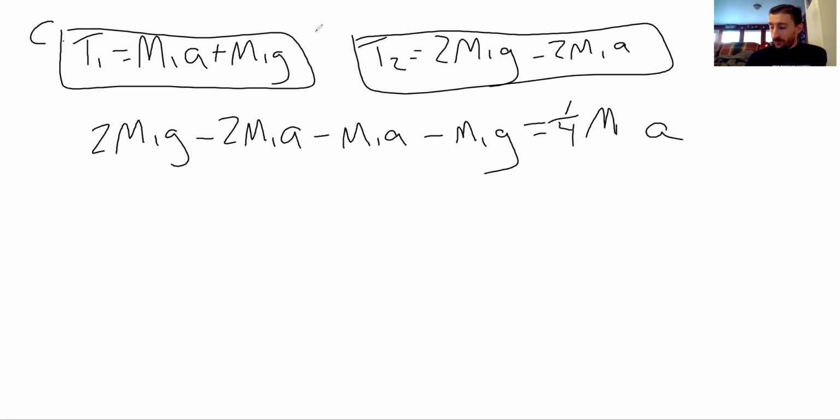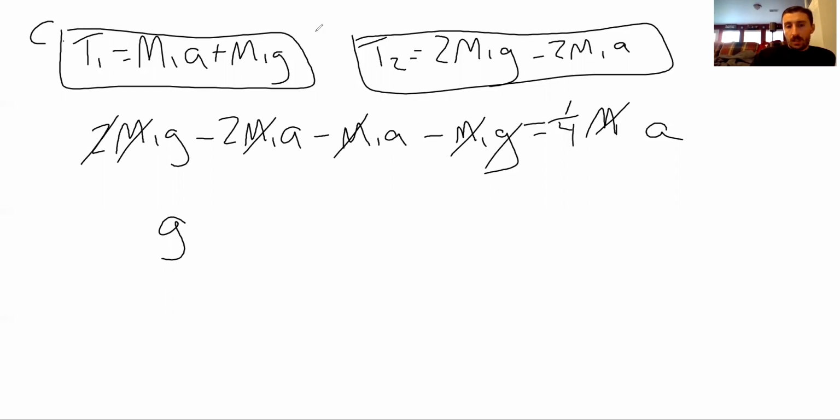So now all you have to do is solve for A. Is there M1 in every term? Yeah, M1 cancels out. So I get 2G subtracted by 1G, so I get G. That cancels out.